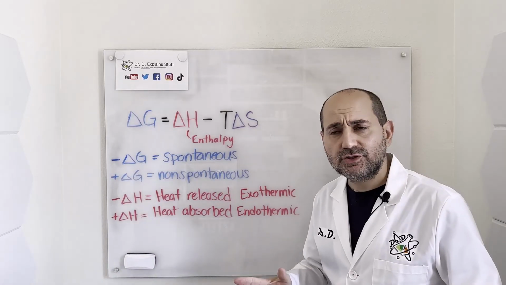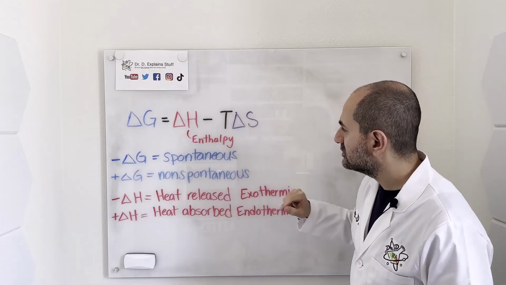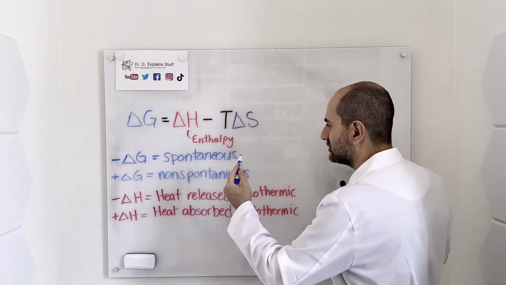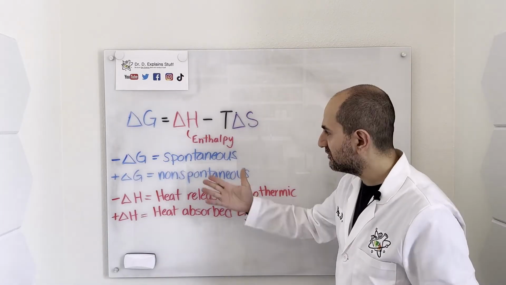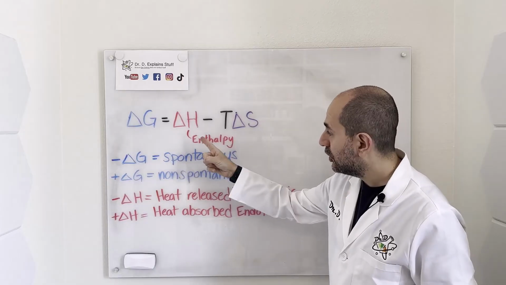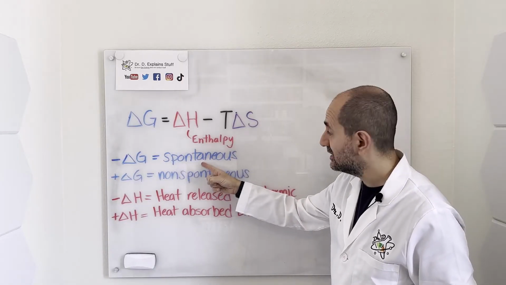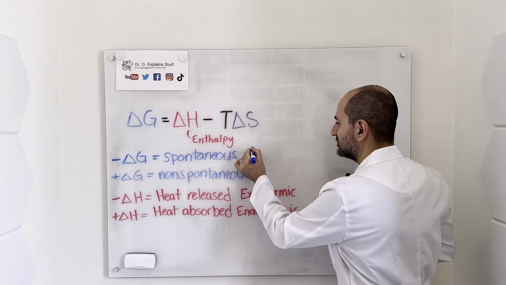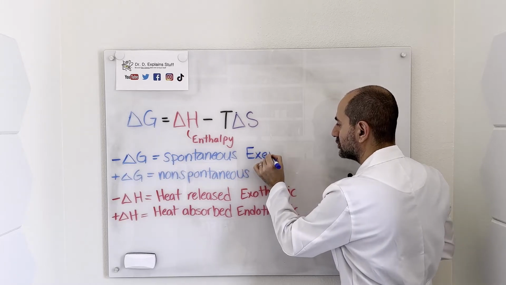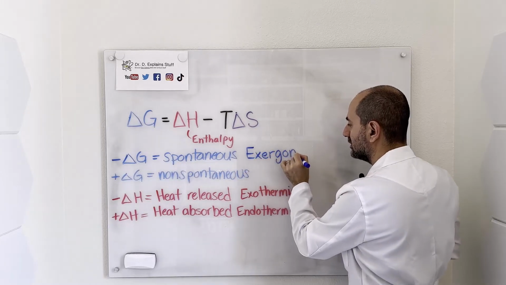And on that note, remember, negative delta G means spontaneous. Another term for a negative delta G or spontaneous reaction is an exergonic reaction.